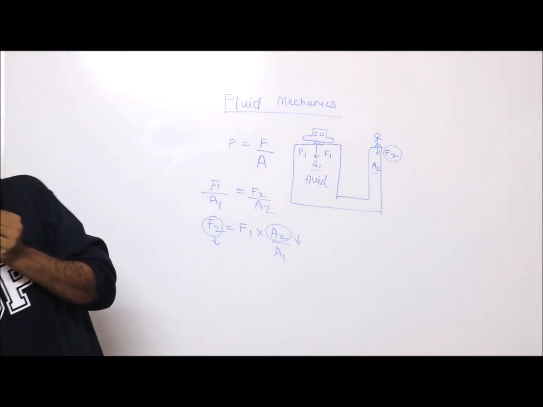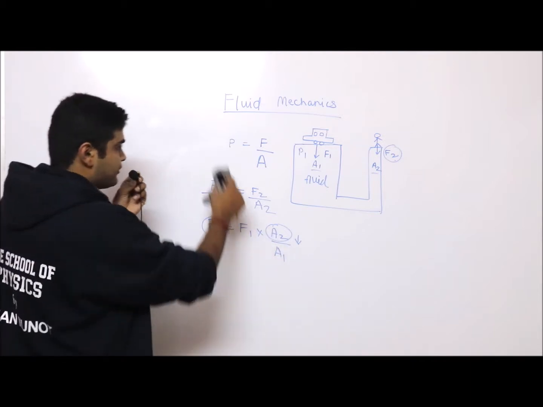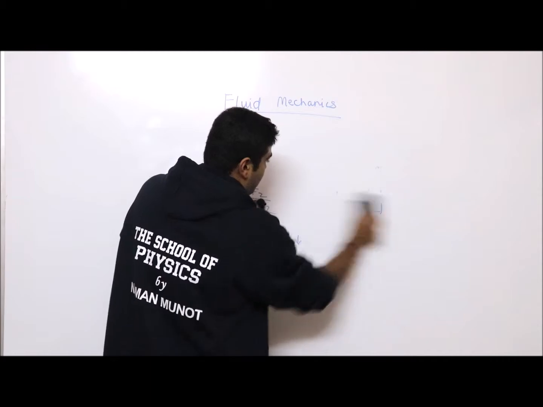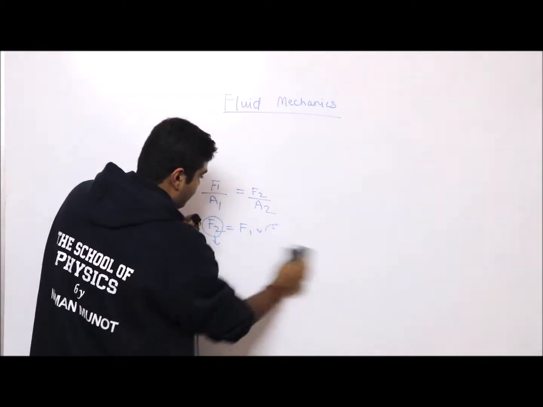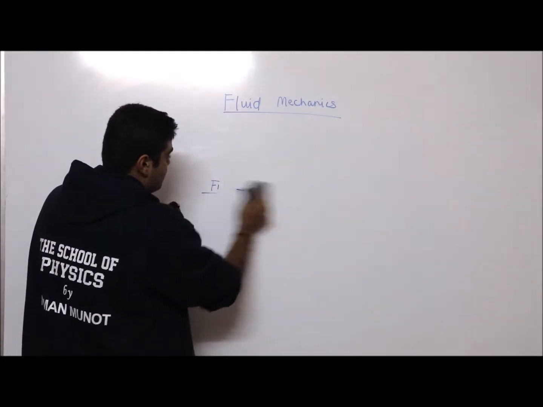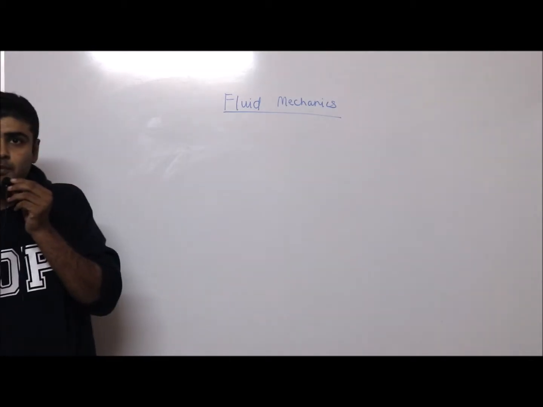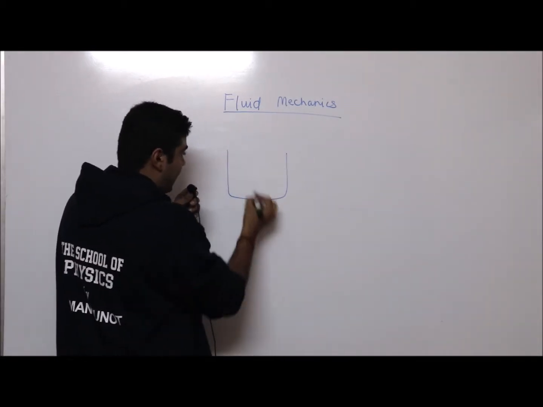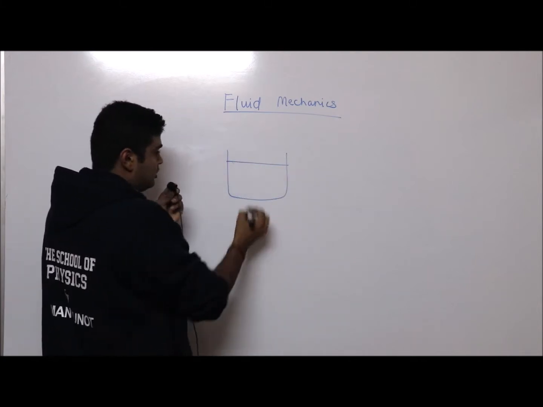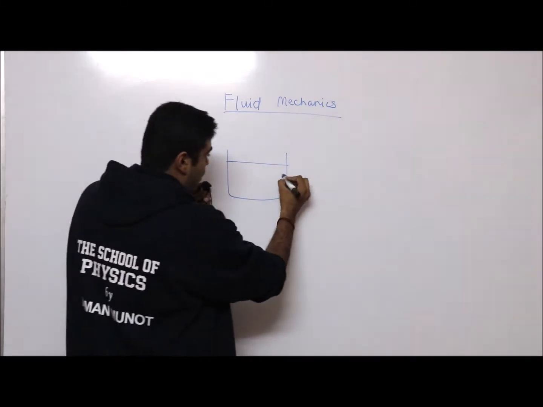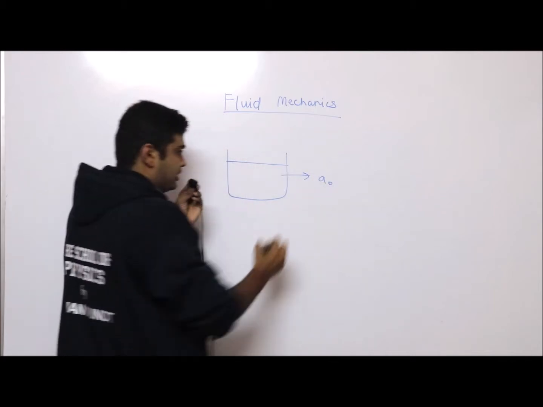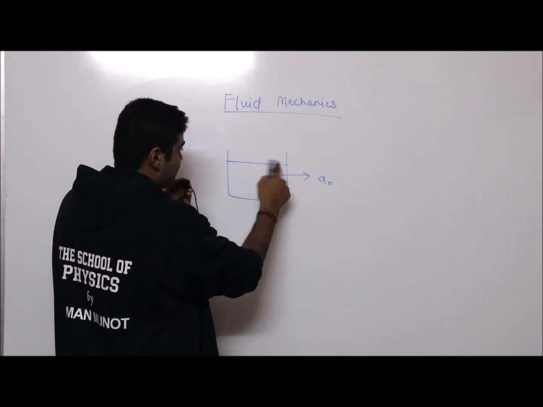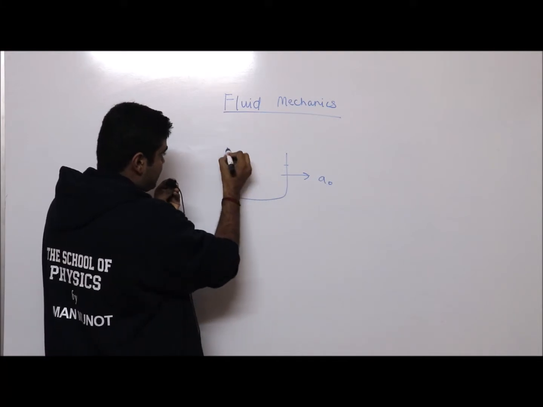Now I discuss two special cases, very simple examples of motion of water in a cylinder. Suppose I have a tank with water, and now I accelerate this beaker with an acceleration a0. This water will change its shape.